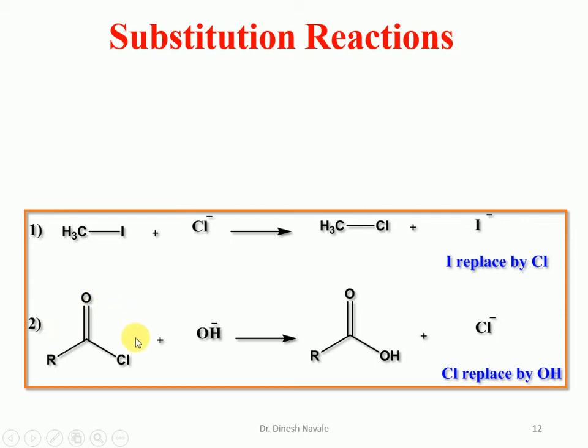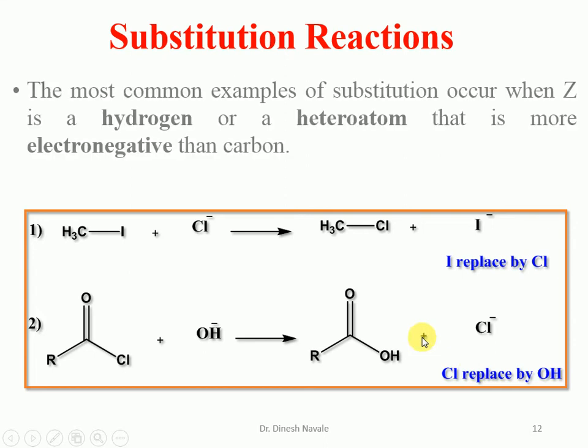Another substitution reaction is one in which hydroxide replaces chlorine. This is a replacement in a carbonyl chloride, like an acid halide. OH replaces the chlorine, so chlorine has been replaced by the hydroxide ion. That is why it is also a substitution type reaction.